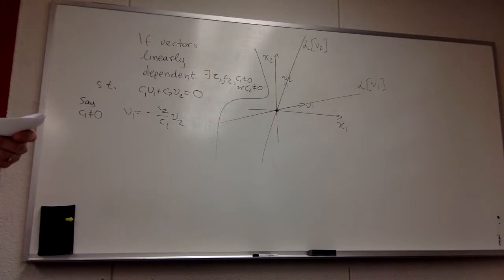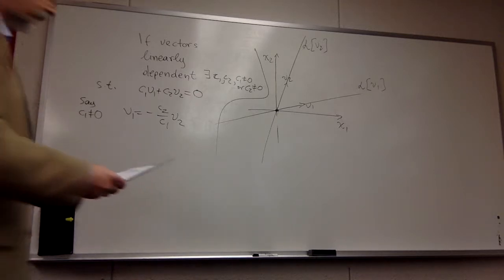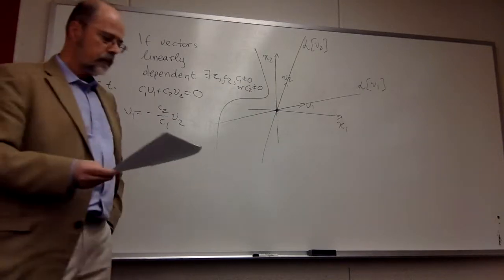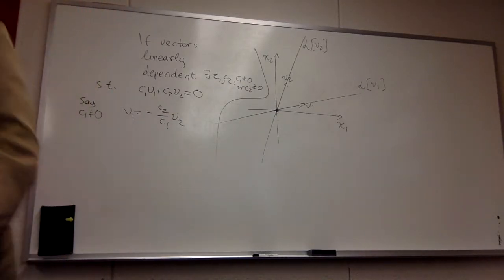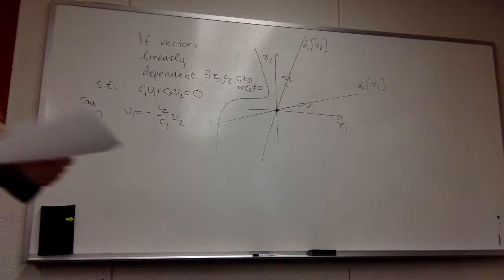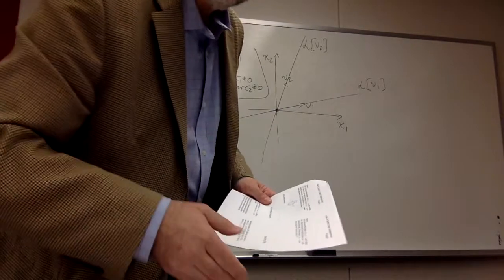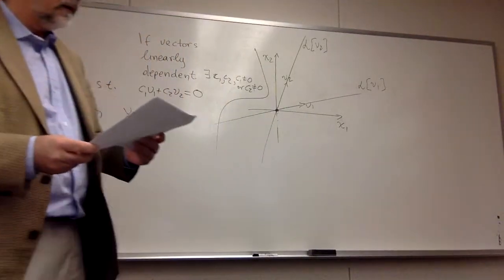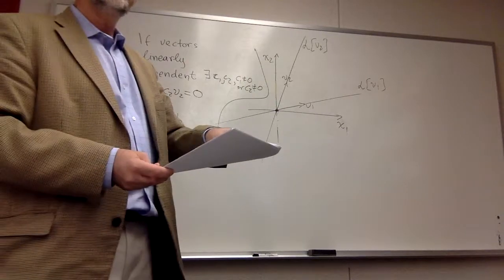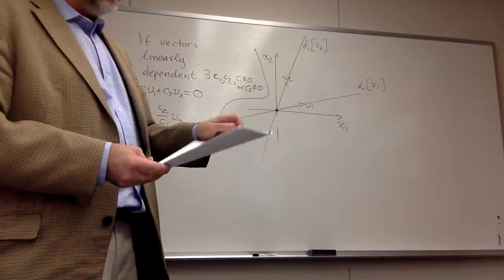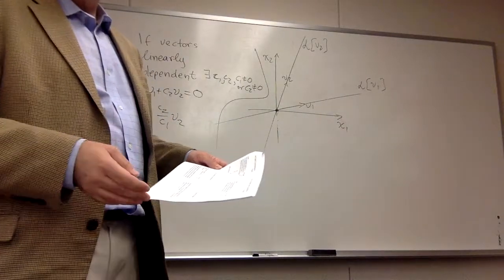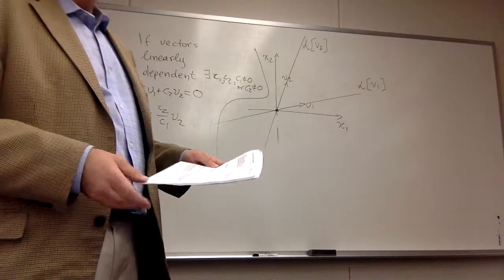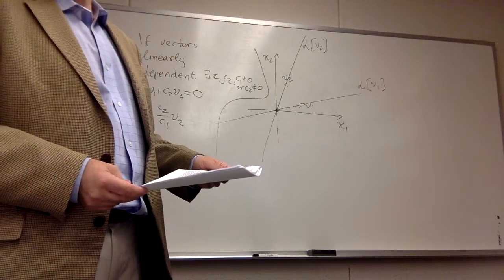Okay. Then the theorem is that the vectors are linearly dependent if and only if the homogeneous linear system shown there has a non-zero solution.